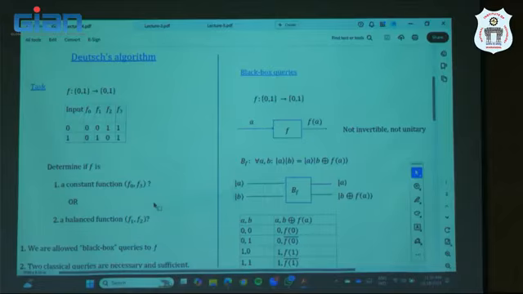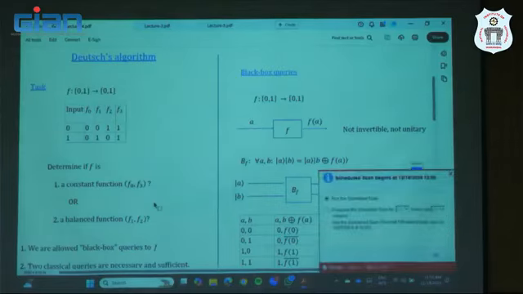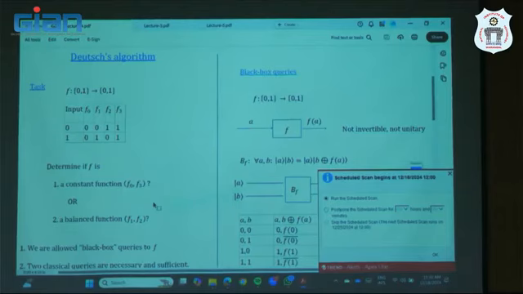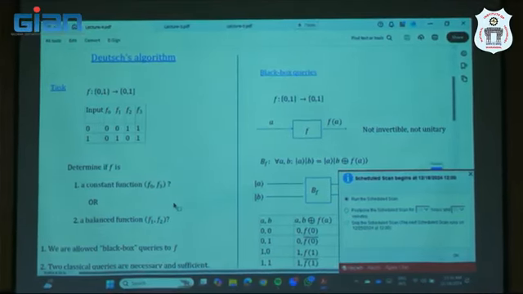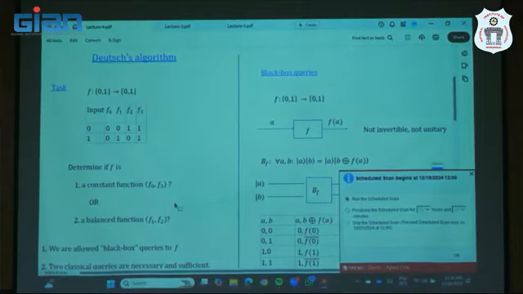F of A is the bit written on location A. Agreed? That is how we are modeling our query. It is modeled by this function F from 0, 1 to 0, 1. Input is also 1 bit, output is also 1 bit. You see this?